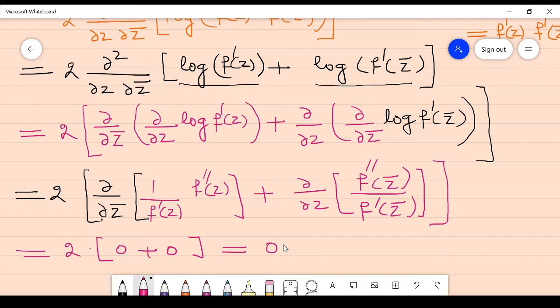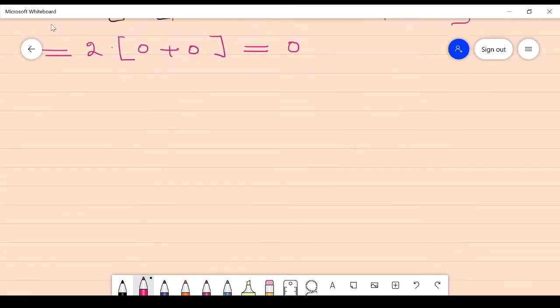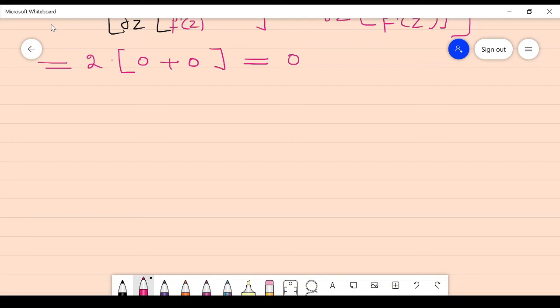Now going to the next question, again very important and also expected for examination. So first just understand the statement of the question.